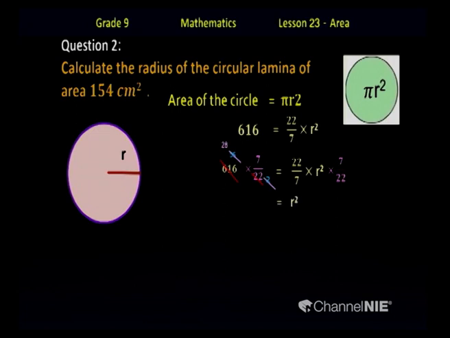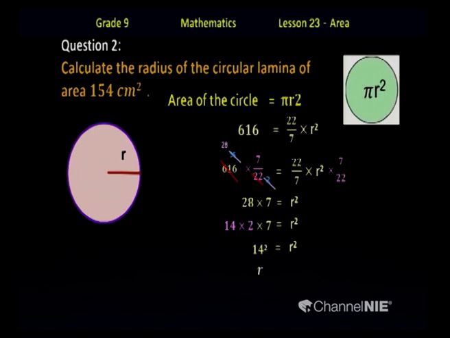Now simplify. r squared is equal to 28 by 7. What is it? If you can't identify the square number, then you can separate it. 28 is separated as a product, 14 into 2. Then you can arrange it as 14 squared, because 2 into 7 is 14.